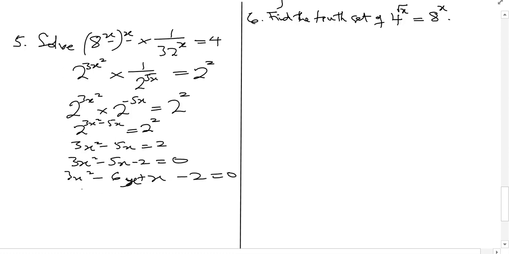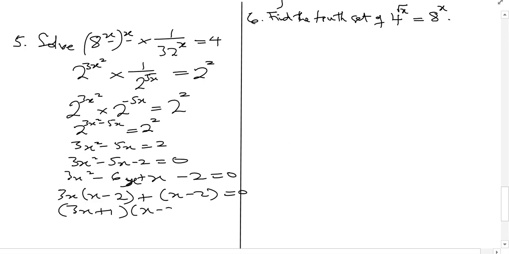So we factorize by grouping. 3x is common here. I have x minus 2 here, and then plus x minus 2, which will give me 0. So I have my 3x plus 1 and x minus 2, which is equal to 0.